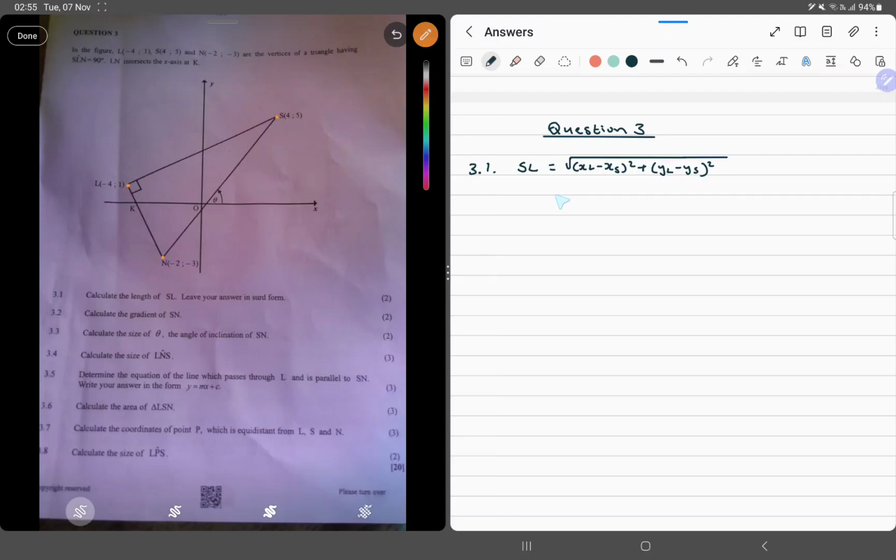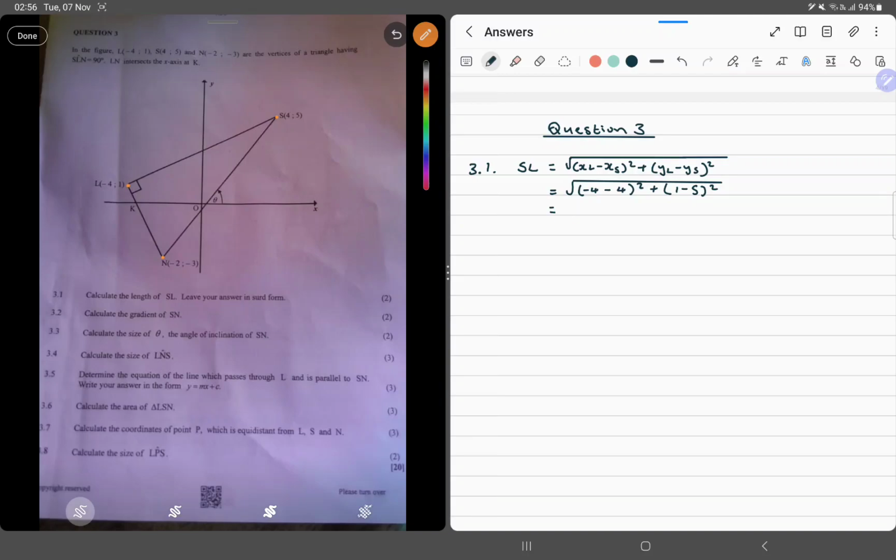So this implies that we've got the square root of (-4 minus 4) all squared plus (1 minus 5) all squared. Now that goes into the calculator.